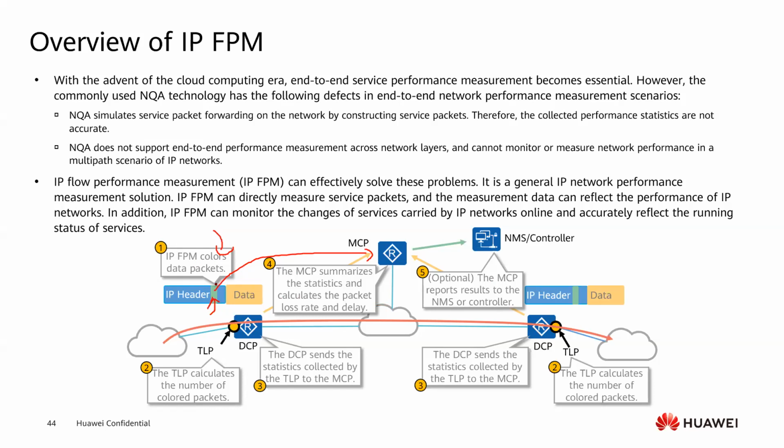This packet is actual service traffic. So using IPFPM, it will be much more accurate in detecting your real network situation. So this is the difference between NQA and IPFPM.